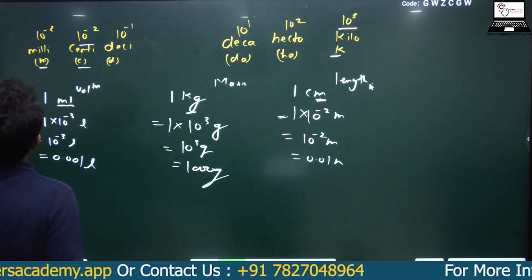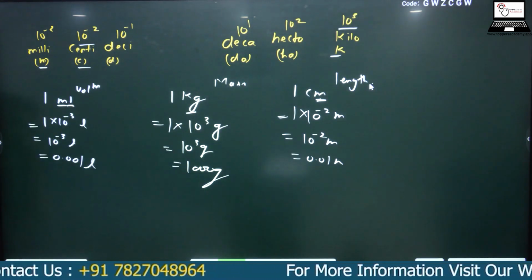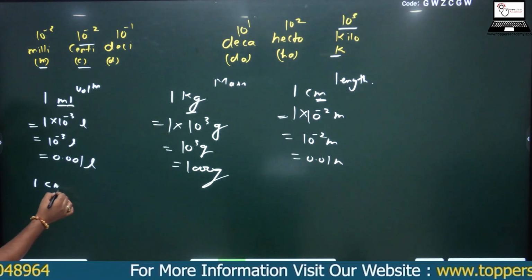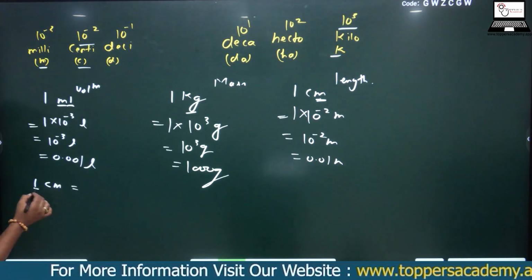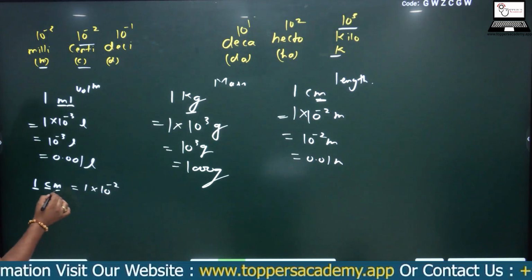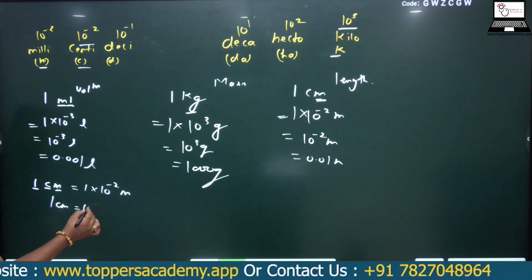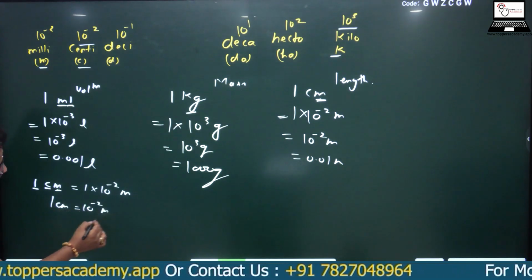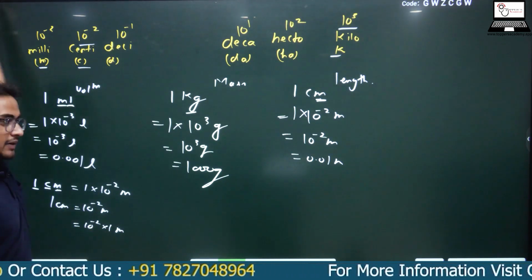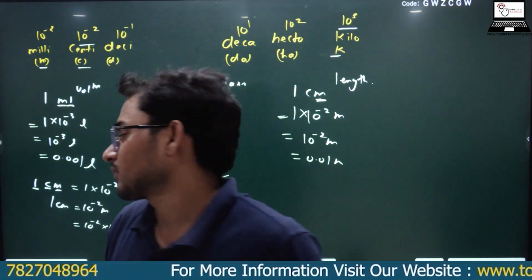Now one more thing, listen. 1 centimeter is equal to 1 into the meaning of centi, 10 to power minus 2. In place of meter I am going to write meter. So I can say that 1 centimeter is equal to 10 to power minus 2 meter. Now I can multiply it by 1 meter, because I can multiply any value by 1 and there will be no effect, right?